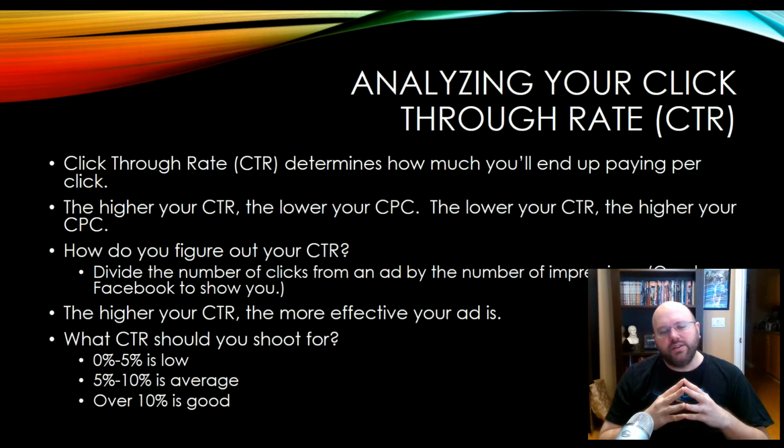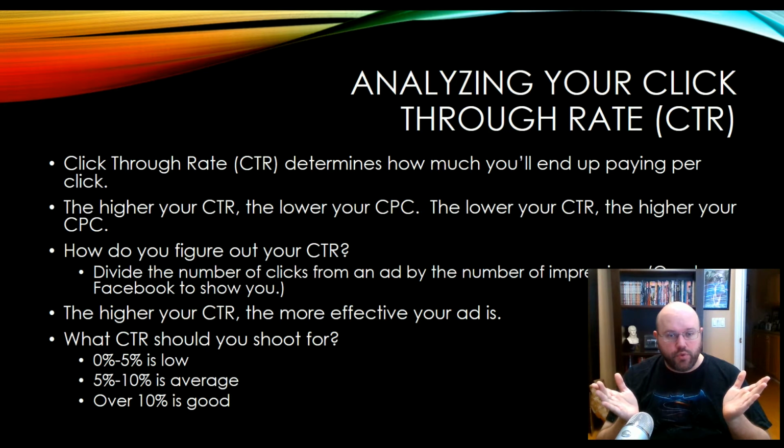So the real question here that you might be asking is, what click-through rate should you be shooting for? So I'm going to give you like 3 benchmarks that you can judge your advertising by. 0 to 5% is a low click-through rate. So if your click-through rate for an ad is between 0 and 5%, it needs to be improved. Between 5% and 10% is average.